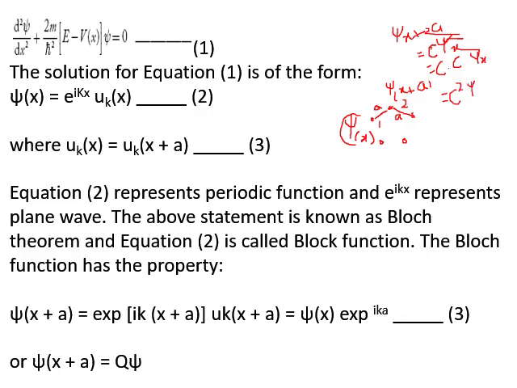So when the particle moves from first to second and second to third, that is, when it has moved two times, its function psi(x + 2a) is now equal to c square times psi(x). This means if the particle covers twice the distance, then the coefficient gets squared.